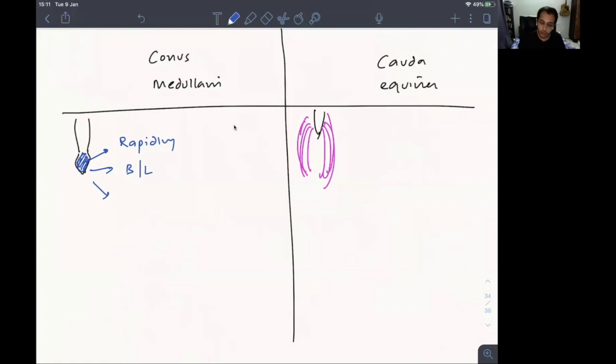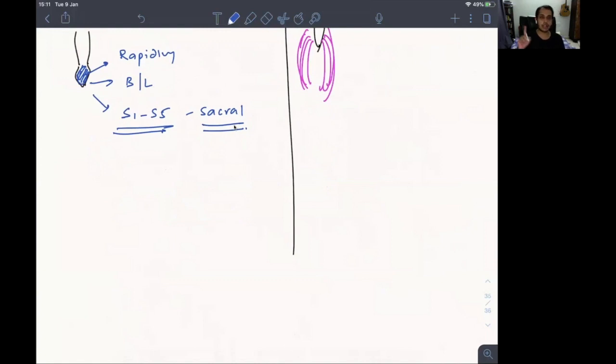The roots that are involved is S1 to S5. So these are your sacral nerves. So all the areas that your sacral nerve fibers are responsible for, those are the sites of involvement. So your sacral nerve fibers are responsible for your perianal sensations, your bladder control, and your ankle reflex.